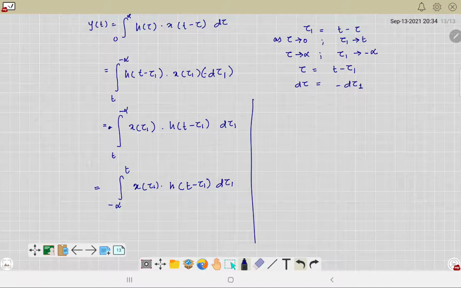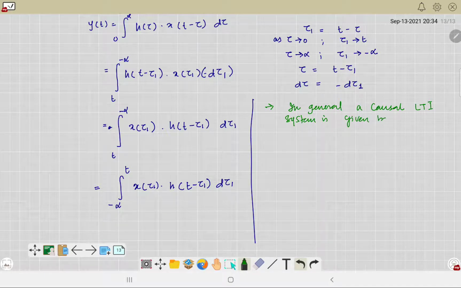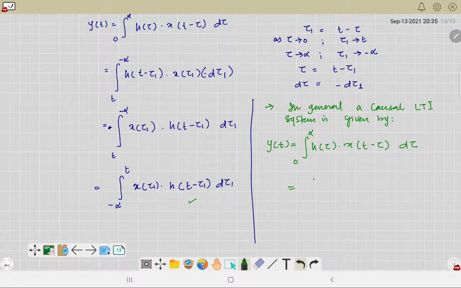Okay, so to generalize, in general we can say a causal LTI system is given by either your original parent equation y of t equals integral from 0 to infinity h of tau x of t minus tau d tau, you can use this one, or integral from minus infinity to t of x of tau h of t minus tau d tau.